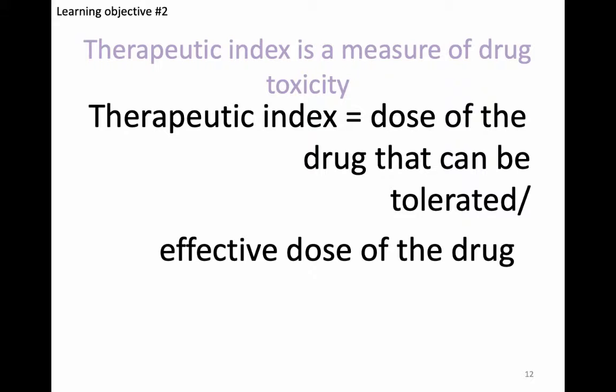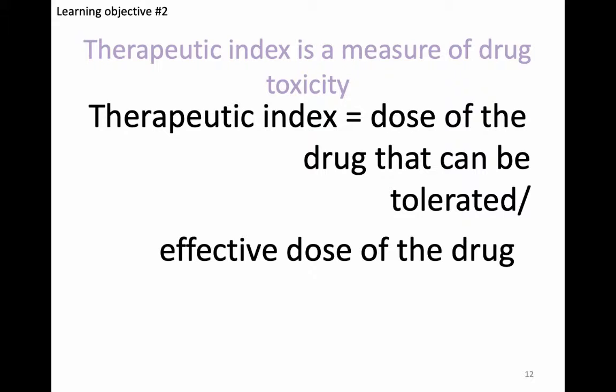But the effective dose of the drug ideally would be very, very low. So the person has to take a very small amount of the drug in order to deal with the infection. So the therapeutic index, the numerator should be very high, the denominator should be very low. So we're looking for a very high number with therapeutic index.